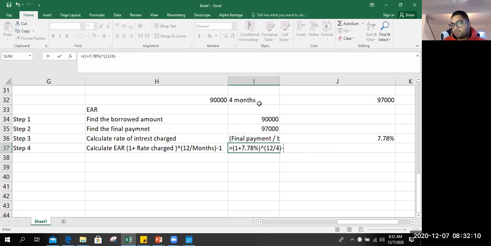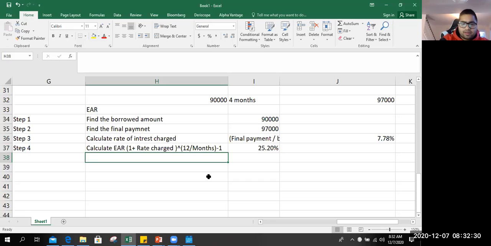You borrowed it for 4 months. That's why I put 4 in the denominator, minus 1. So your effective borrowing rate for the year is 25.20%.